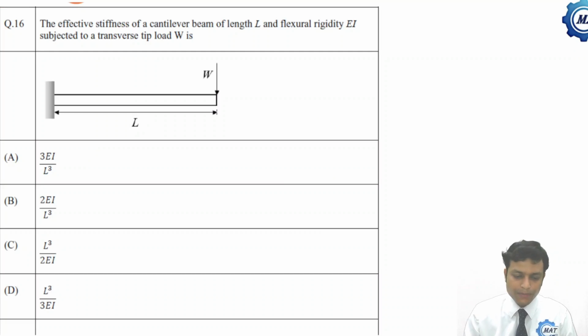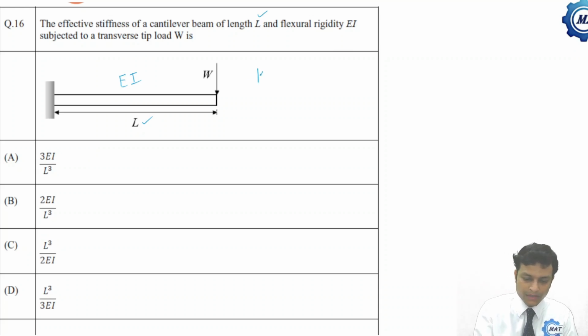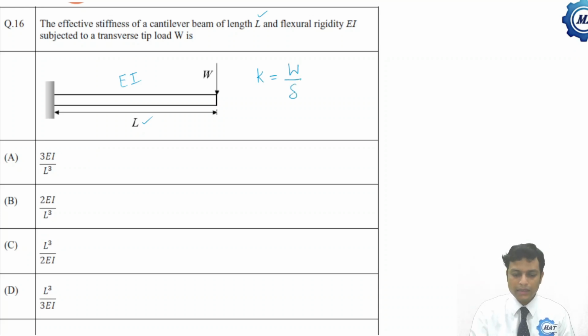The effective stiffness of a cantilever beam of length L, flexural rigidity EI, subjected to transverse load W. So what is stiffness? We know that stiffness is W by delta. Delta is the deflection at the point where load is applied. So what is delta?